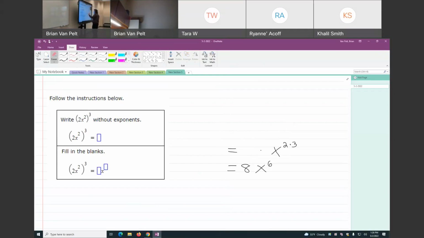We're still trying to get you comfortable with it. So what I think they were intending for you to do is something like this. 2x squared, and then you can gather up the 2's to get your 8.